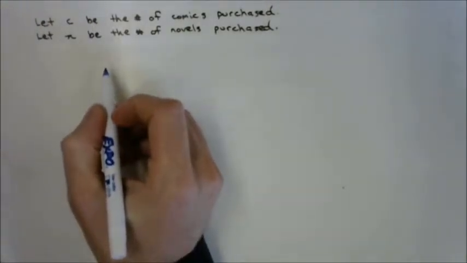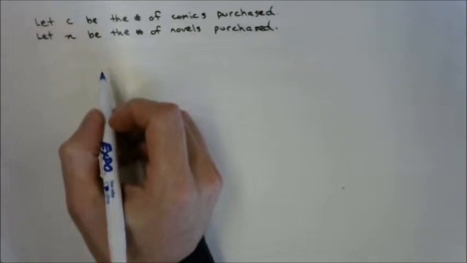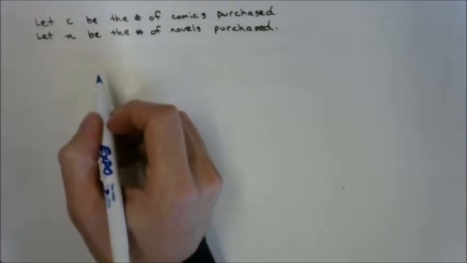So she's going to do that by spending some money on comic books and some money on novels. Or maybe she'll buy all novels. Or maybe she'll buy all comic books. We don't know.